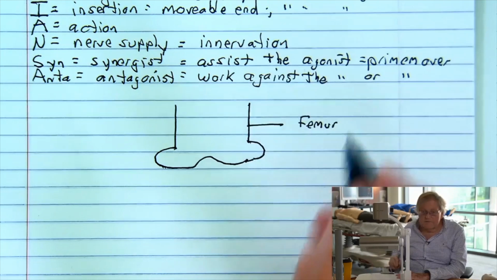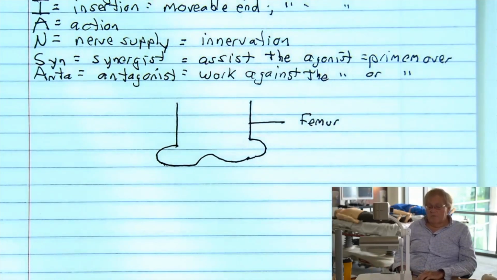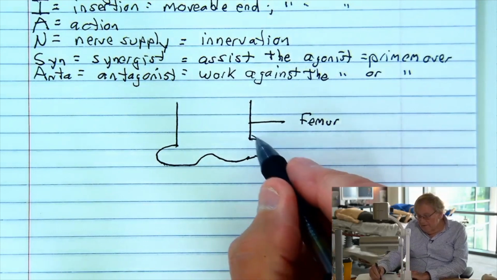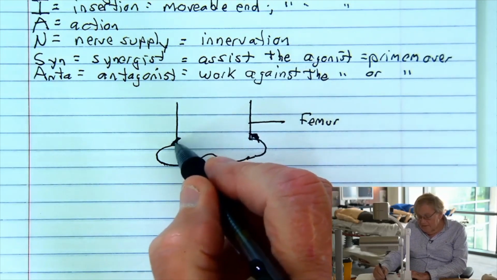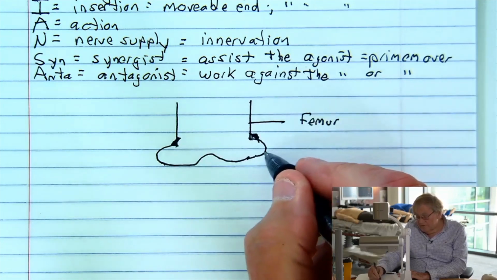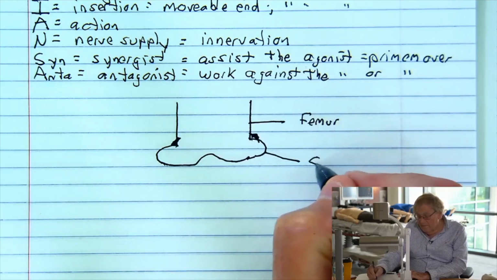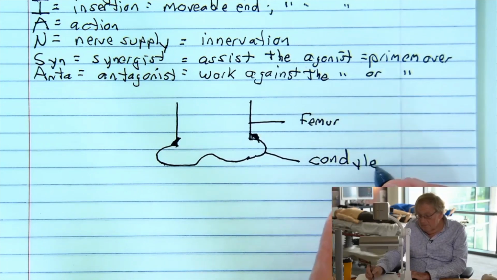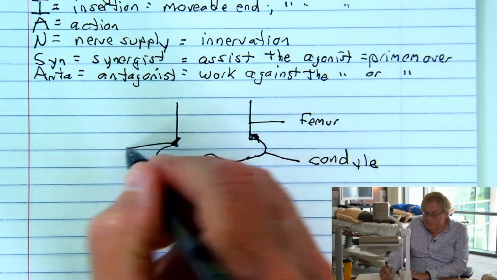Remember, the femur is going to be the longest, strongest bone. These are going to be attachment points. So right around here I could put some attachment points. And I would say we could call this a condyle. And this could be called an epicondyle.